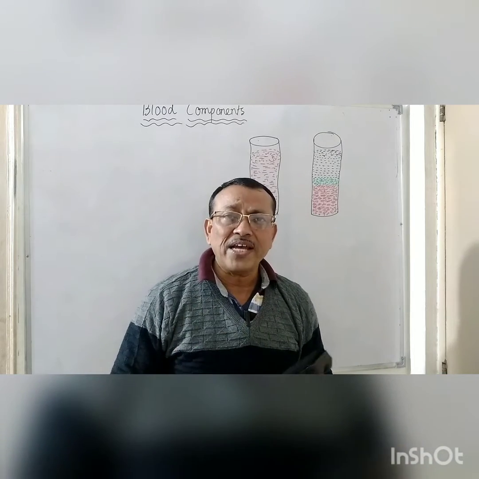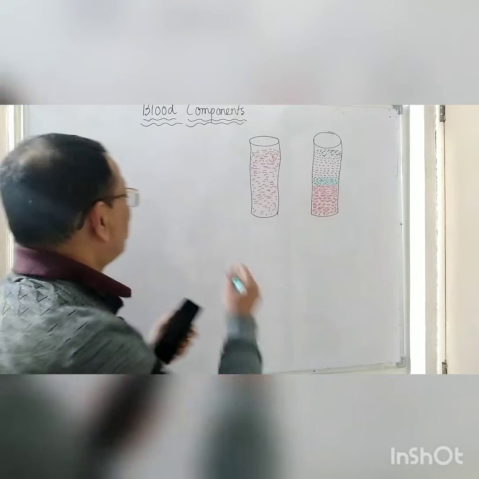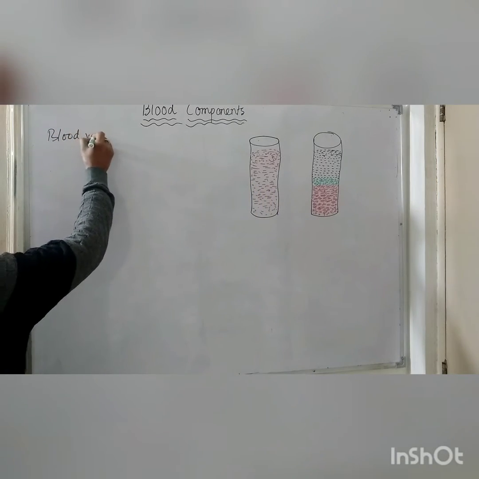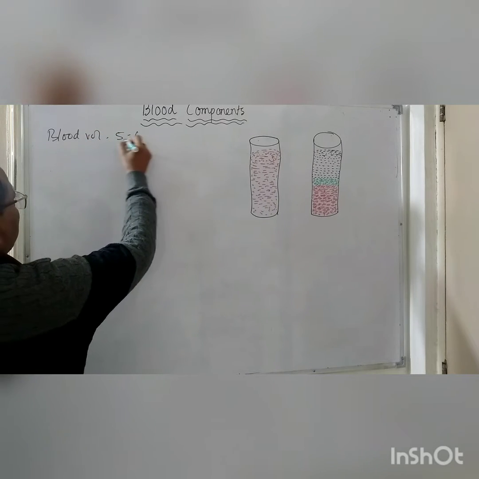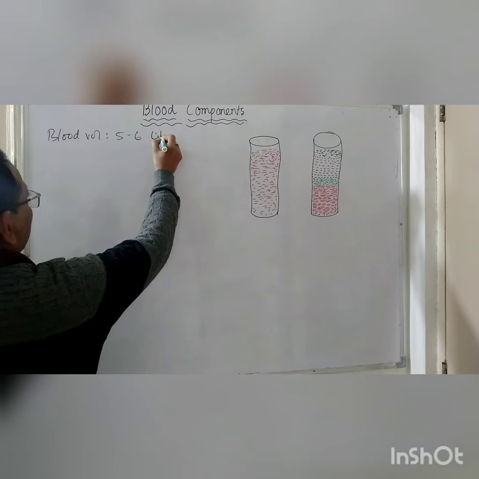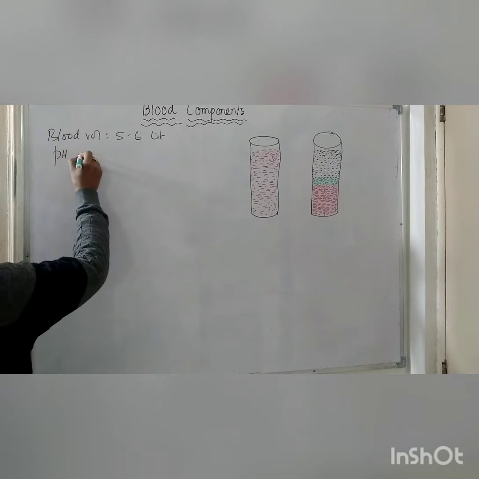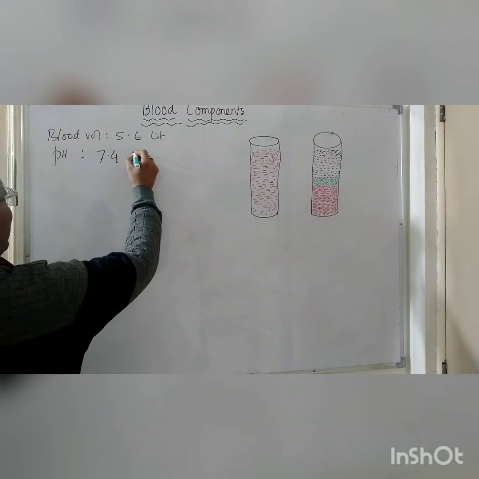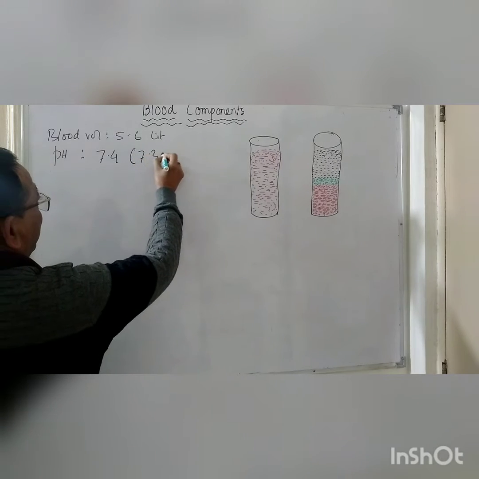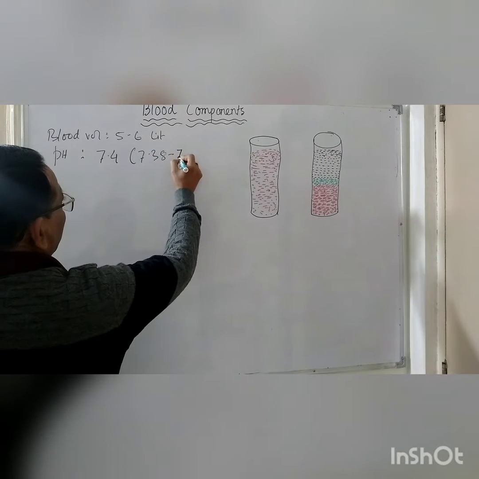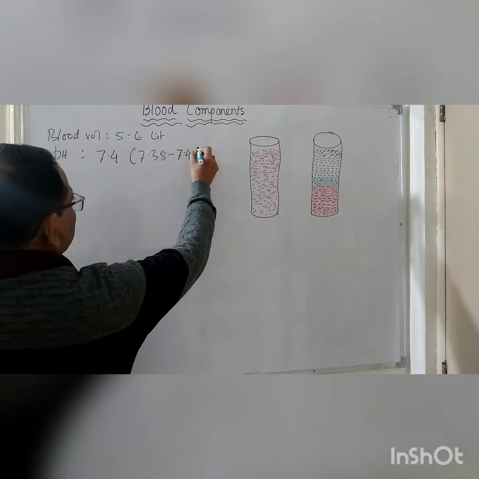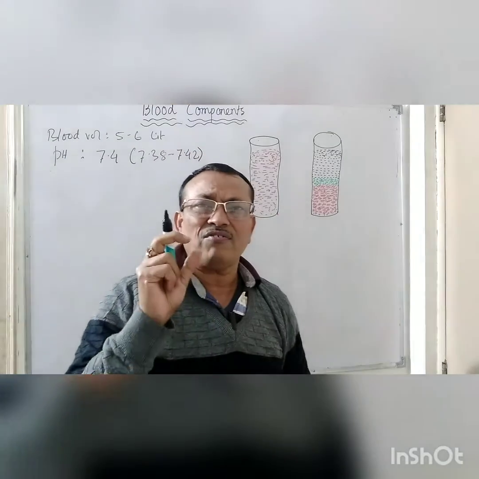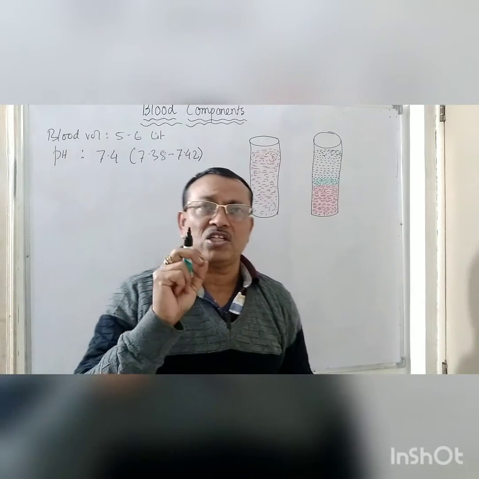And as per the pH, blood volume is 5 to 6 liters and pH is 7.4. The normal range is 7.38 to 7.42, that means 7.4 plus minus 0.02, a very narrow range of the pH of the blood.